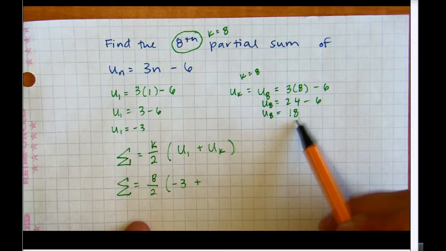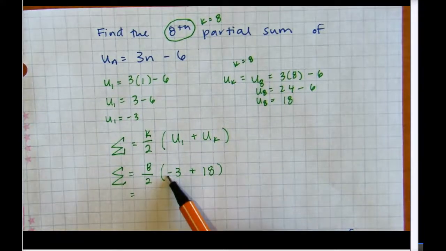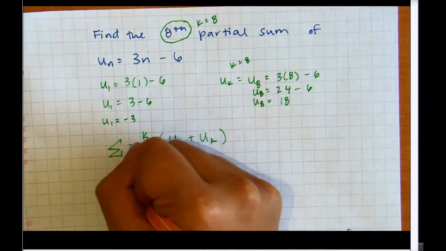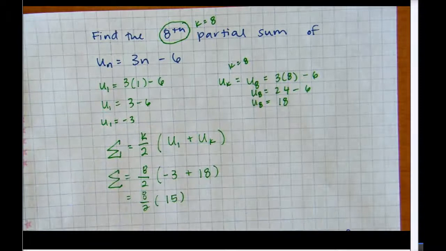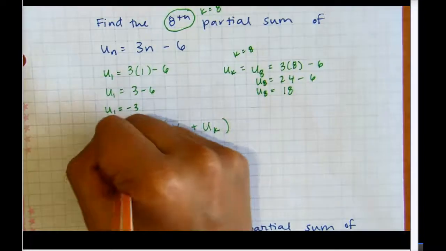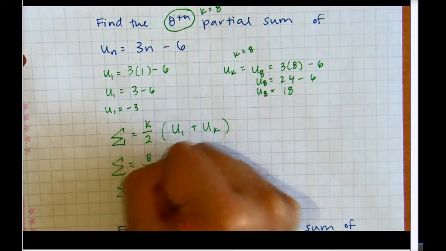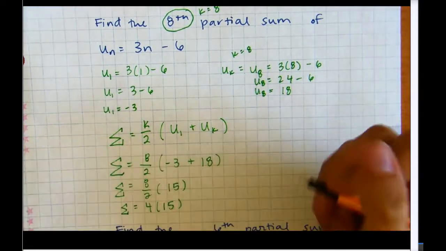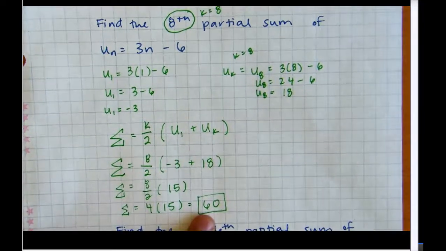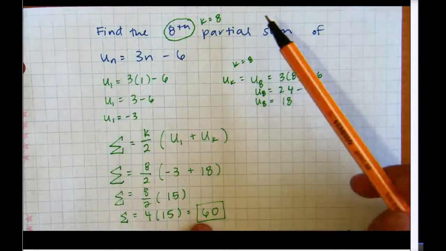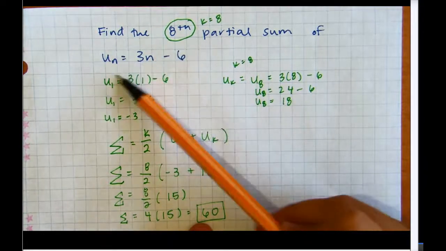I'm going to simplify that in my calculator. Negative 3 plus 18 gives me 8 over 2 times 15. If I simplify 8 over 2, I get 4 times 15, and that's going to equal 60. So 60 is what I get when I add together the first 8 terms in this sequence.